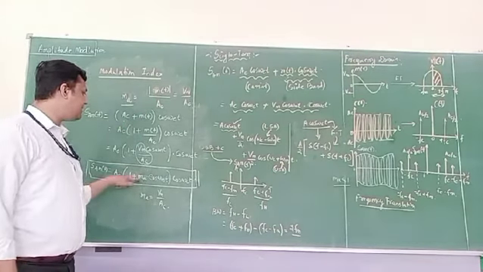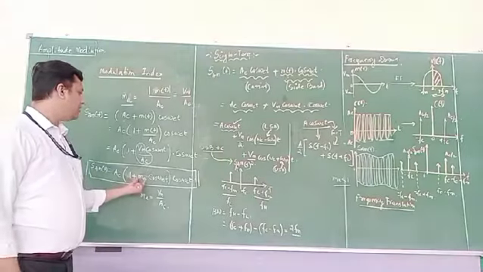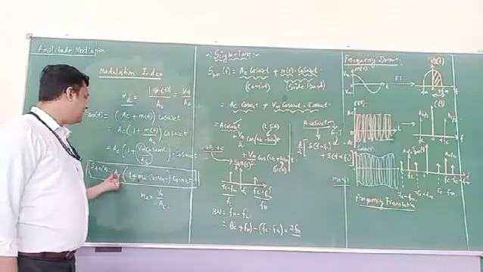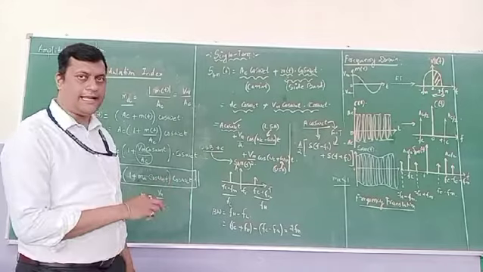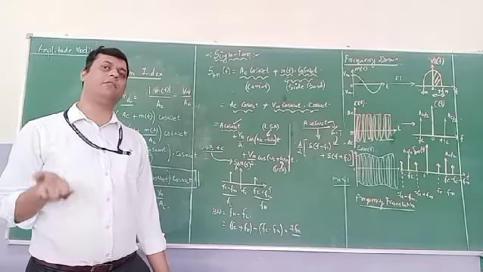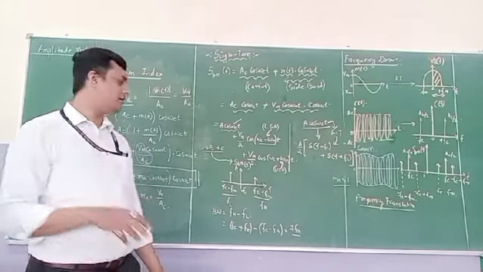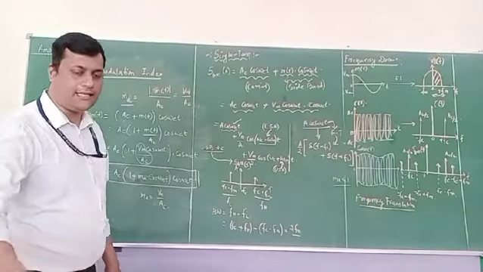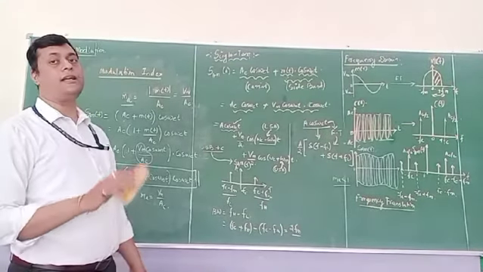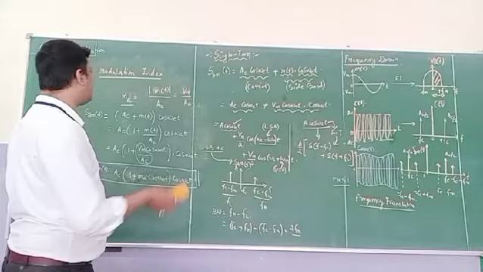Now you can expand this. Your carrier component is available as Ac into Ma, then the side bands. If you solve Ac into Ma, again it will become Vm. Okay. So that is the representation for single tone. Similarly, we can represent multi-tone also. How? Let's see.